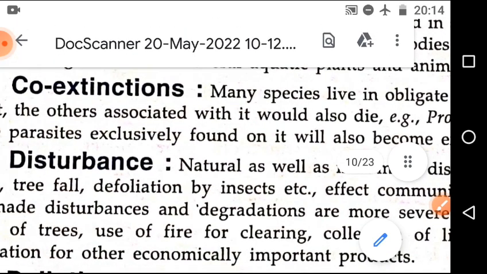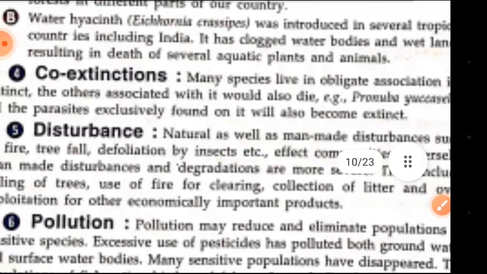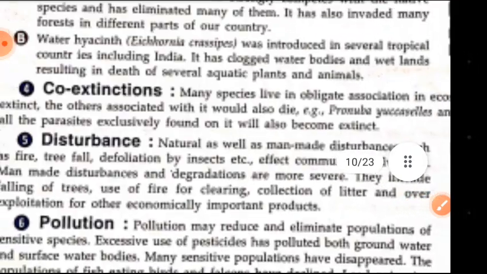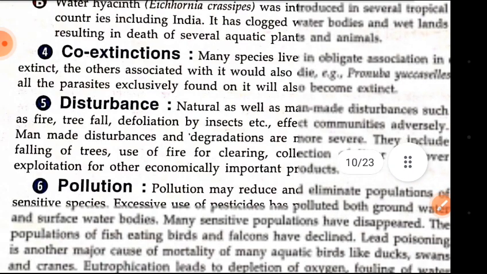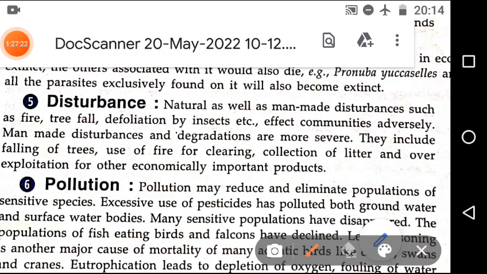Next is disturbance by human beings. Well, human beings disturb always. We also get disturbed due to human activities. We are also humans, so why would the animals not get disturbed? Natural as well as man-made disturbance like fire, tree fall, defoliation by insects, etc., affect the communities adversely.